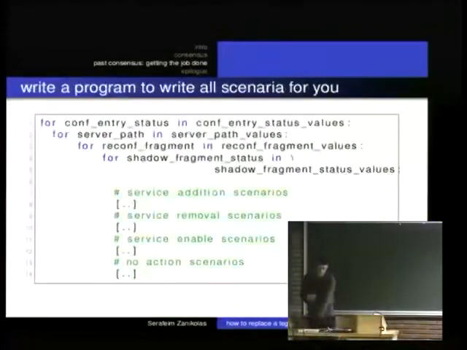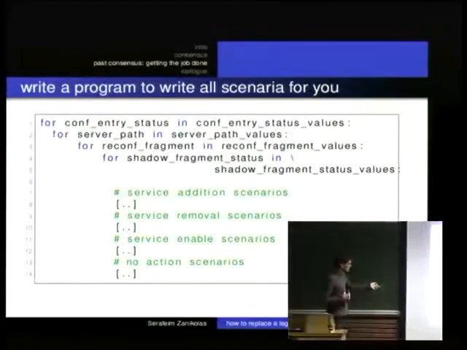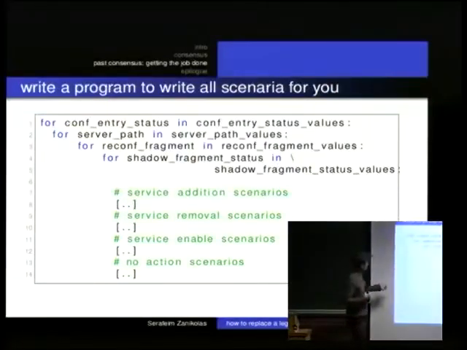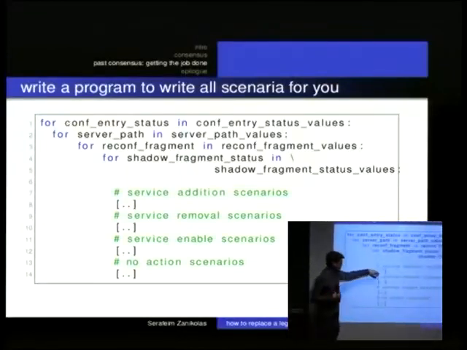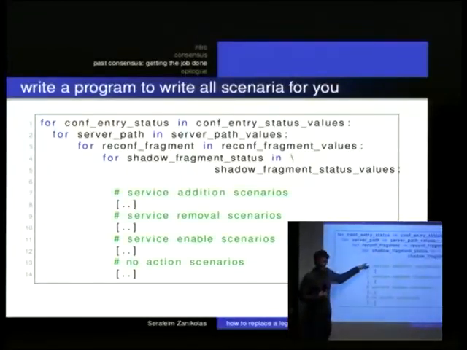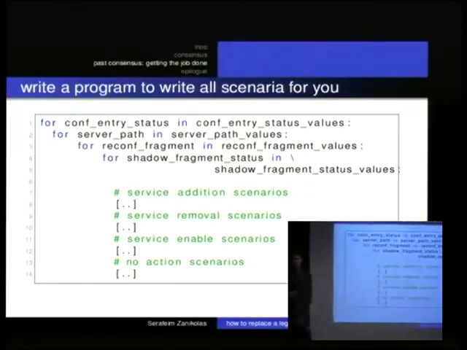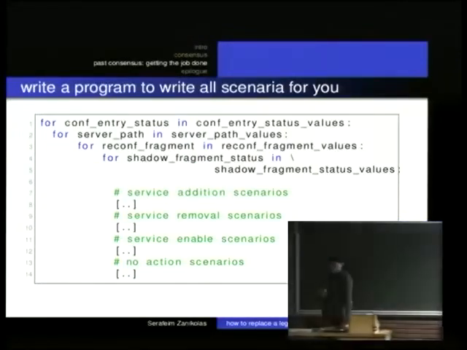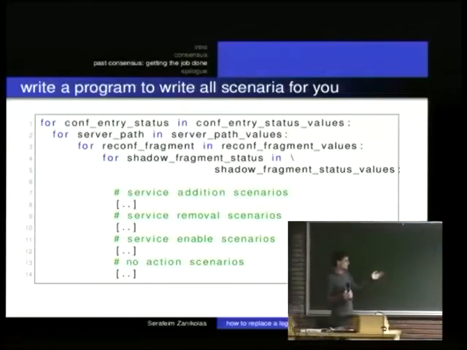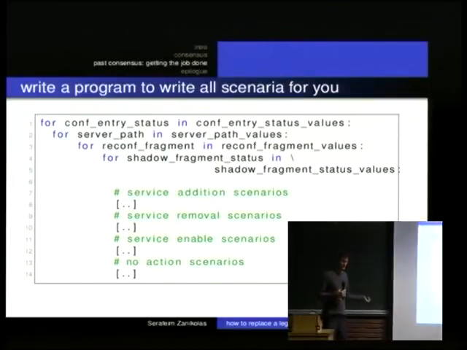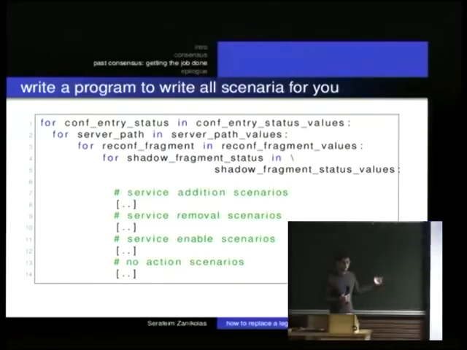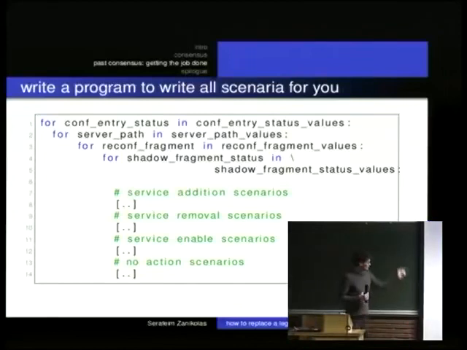So the program knows the valid values for every context parameter, and it produces all combinations. And in the body of the loop, we know which combination should add an entry, and so on. And this is useful because as we develop, we might find a new parameter in the context. So we don't have to do everything by hand. We just update the script.